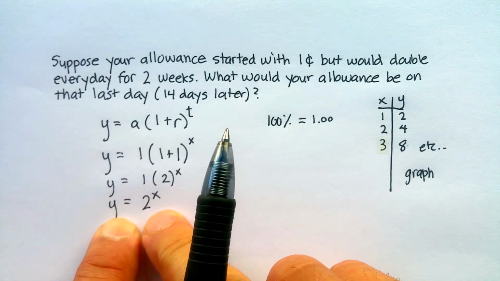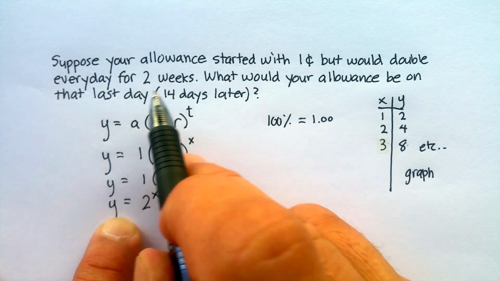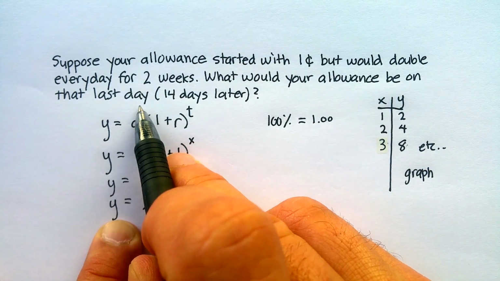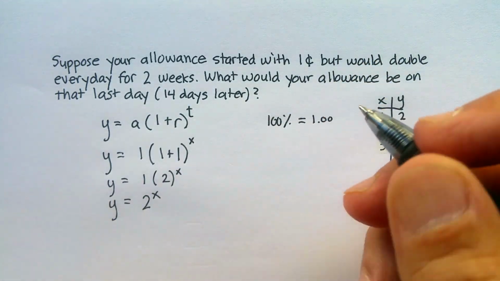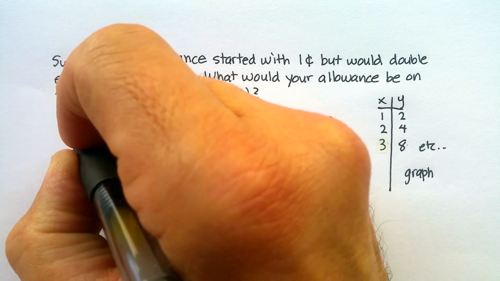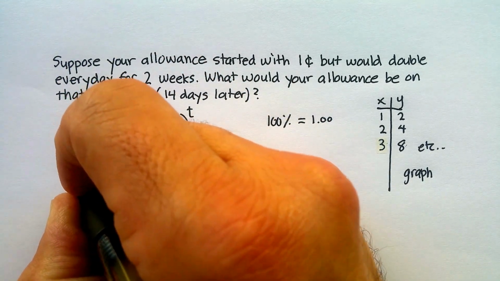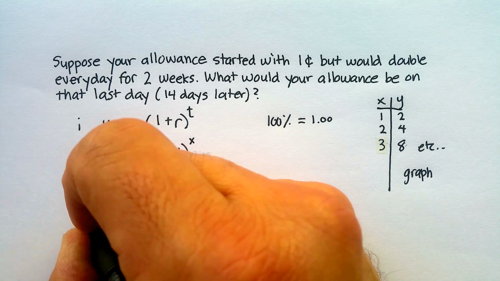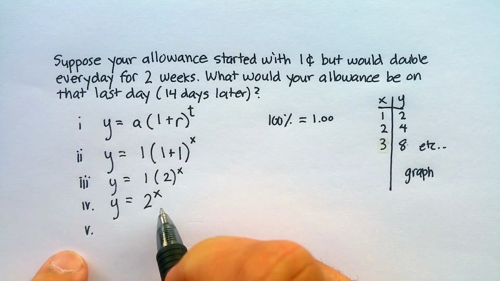So let's go ahead and put the number in for the x. We said, what would your allowance be on the last day, 14 days later? So what I'm going to do here, let me just put this up here like this, because remember, I'm just telling a story here, and I'm just going to put in 14 for the x.